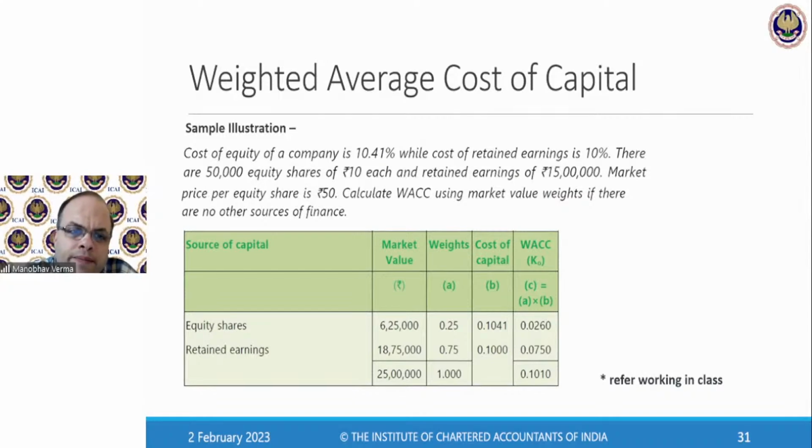Cost of equity of a company is 10.41, but the cost of retained earnings is 10%. There are 50,000 equity shares of 10 rupees each and retained earnings of 15 lakhs. The market price of an equity share is given as 50. We need to calculate the WACC using market weights if there are no other sources of finance.